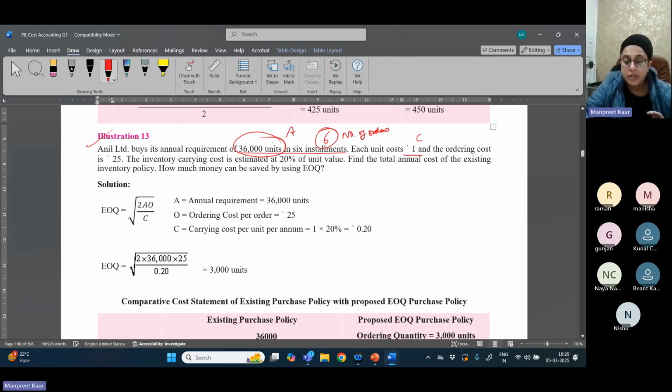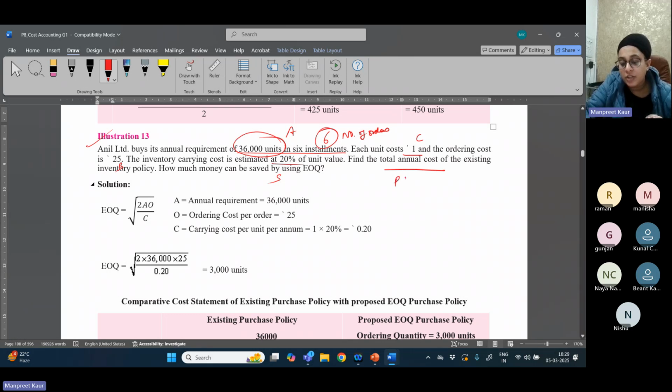Each unit cost C is 1, ordering cost B is 25, and carrying cost S is 20%, that is 0.20. Find the total annual cost.